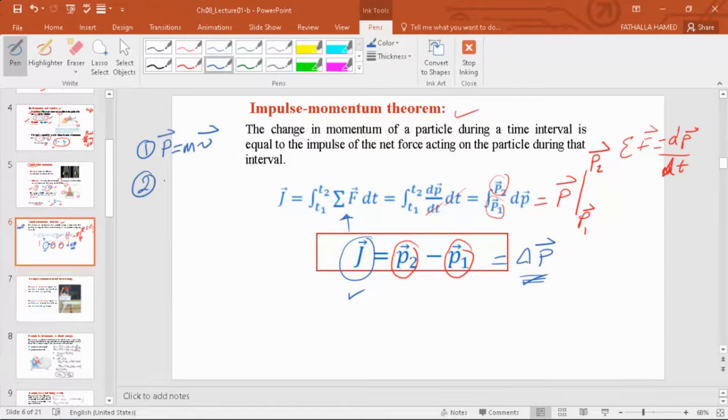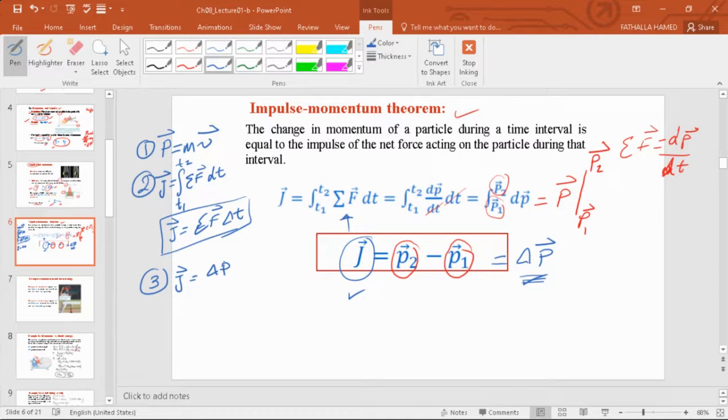We defined impulse as the integral of the force dt, going from t1 to t2, or we said also you can write it in terms of the summation of the force multiplied by delta t if your force is constant or if you take an average force. And here we define that the impulse should equal the change in momentum, which is P2 minus P1. Are these concepts clear? Any questions on these?